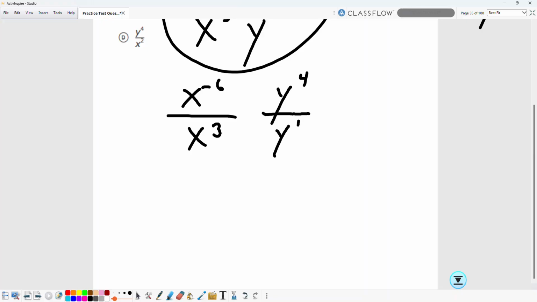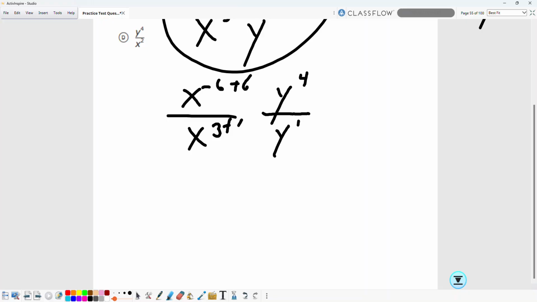That's really a fraction. What if I were to increase the exponent by the same amount? So what if I added 6?